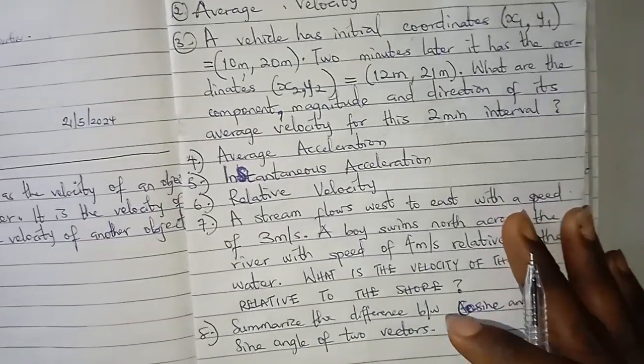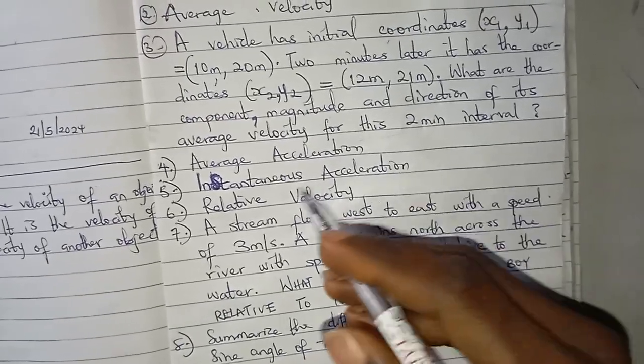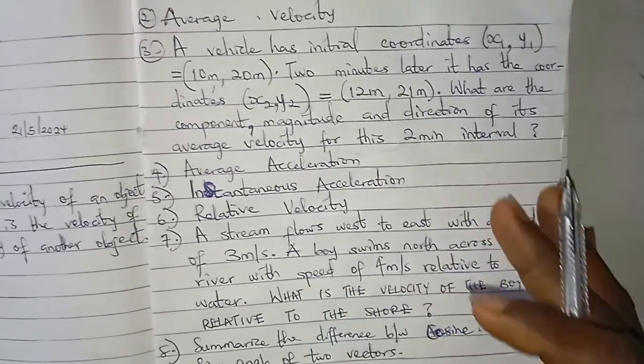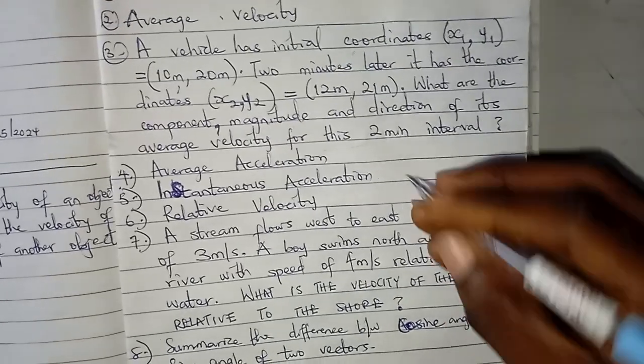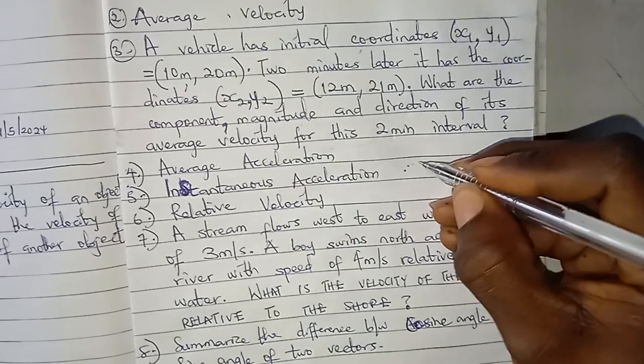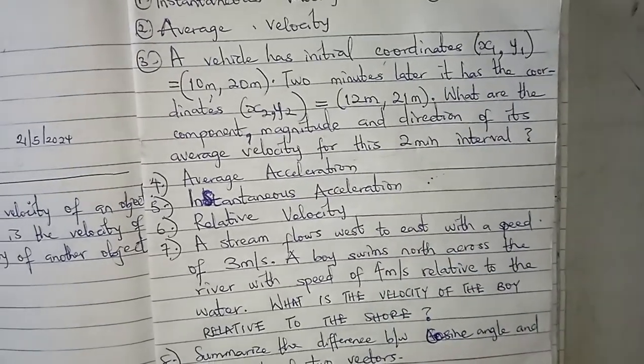So let's look at the next one. Instantaneous acceleration. I've told you instantaneous acceleration or anything instantaneous has to do with at an instant in time. So if I go to x at particular points in the x-axis, what is happening there? That is what you need to take note of.